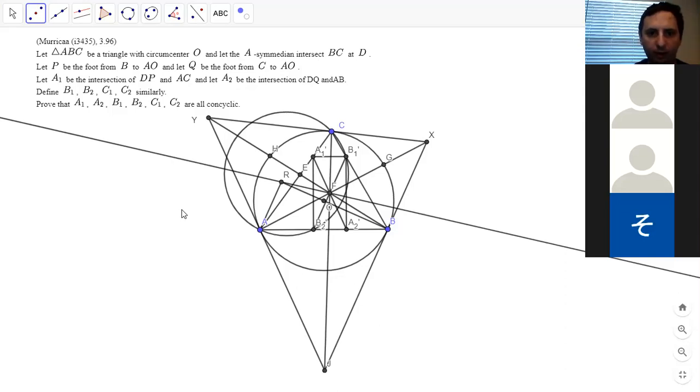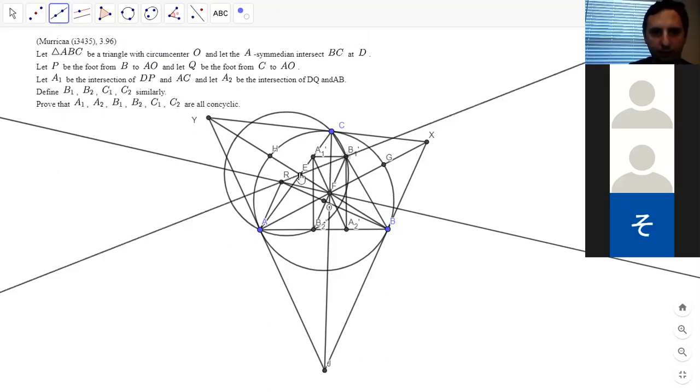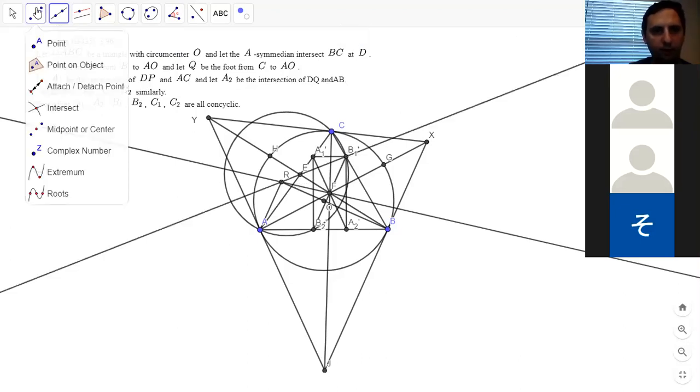Can we show that angle? Let's see if we can use this circle a little bit. What if we let this intersect the circle at a point?